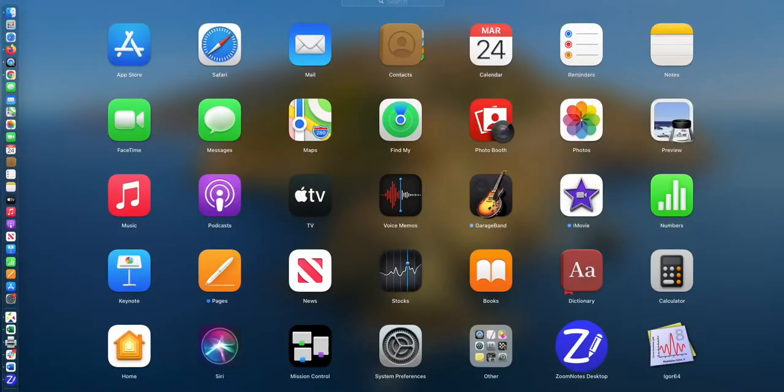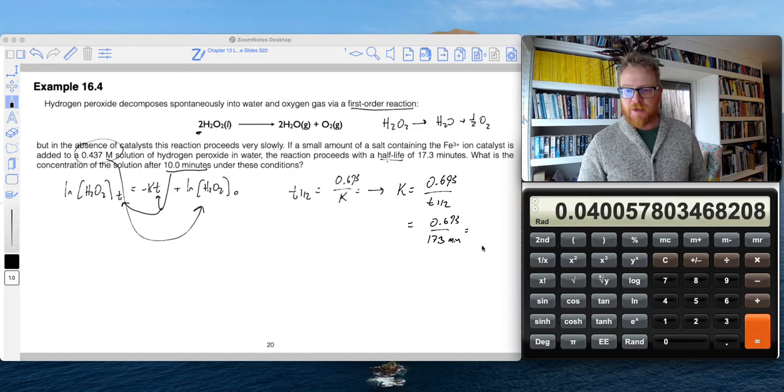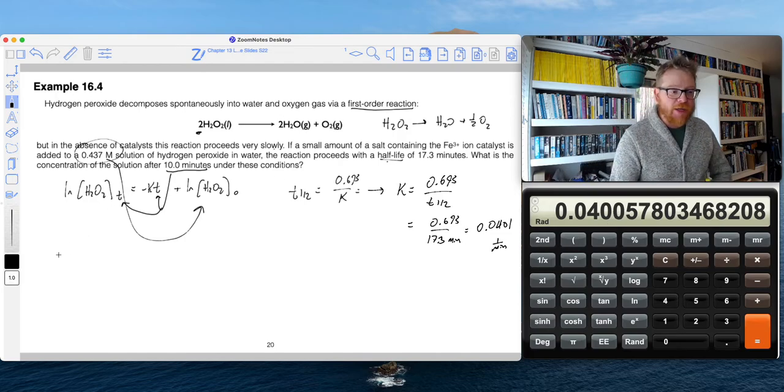And so we can do that calculation. So 0.693 divided by 17.3, and that gives me 0.0401, and the units of that will be 1 over minutes. Okay, so I went 401 because 3 sig figs in the calculation. So now we can start plugging stuff in.